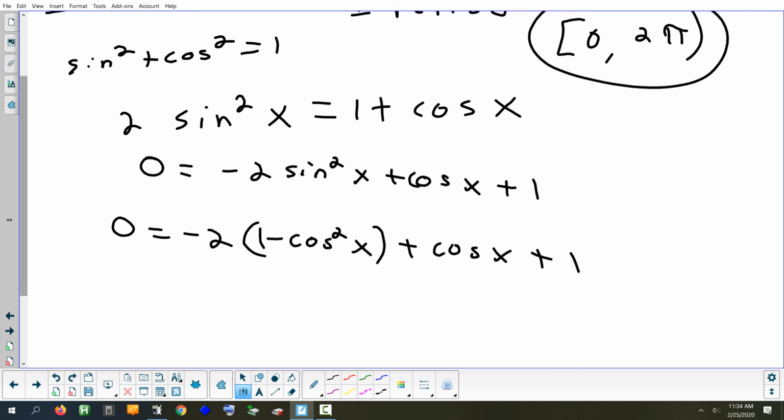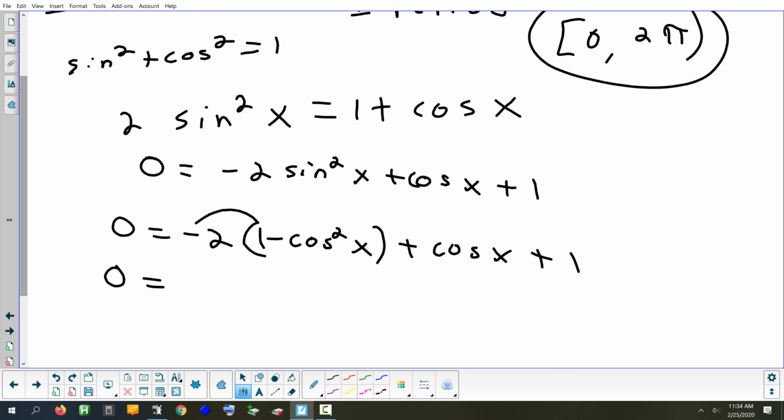Now, what do I have to do next with that -2? Distribute. Now maybe you can see why I moved the squared term to the right. So you can see what's about to happen to that squared term. So just go through distributing it.